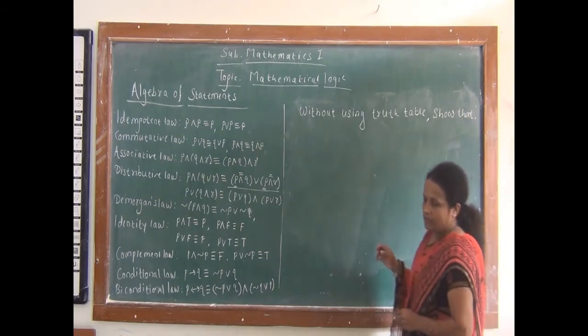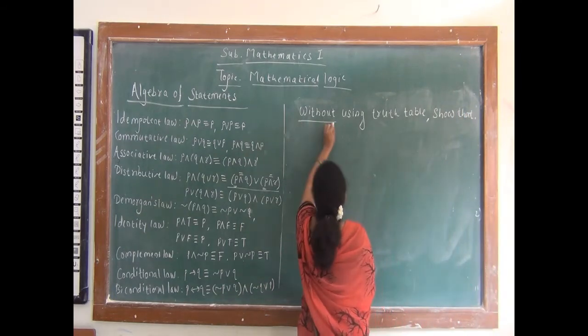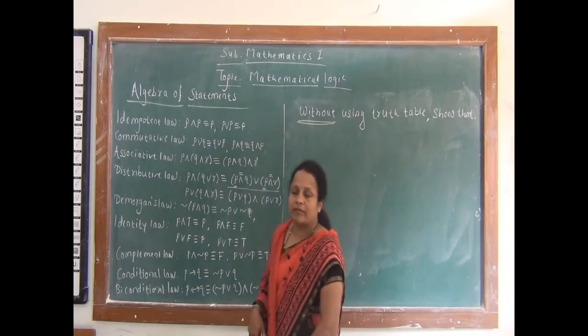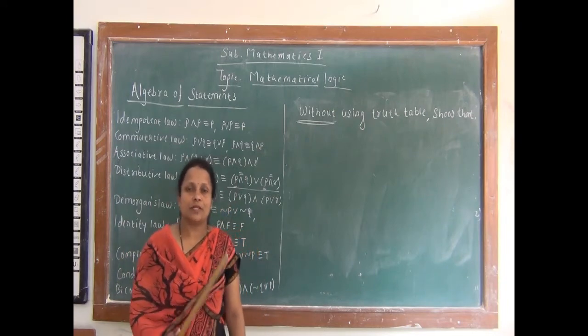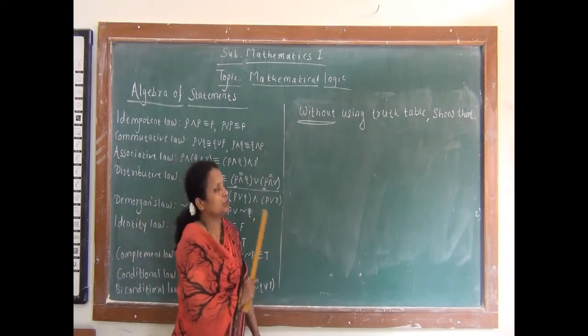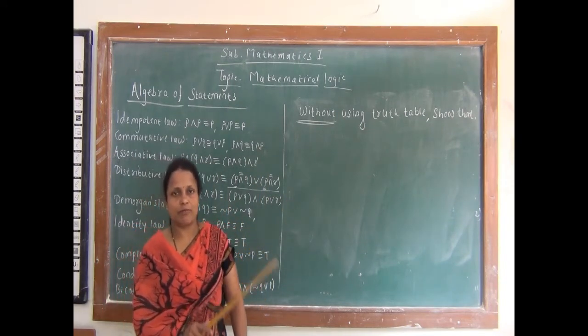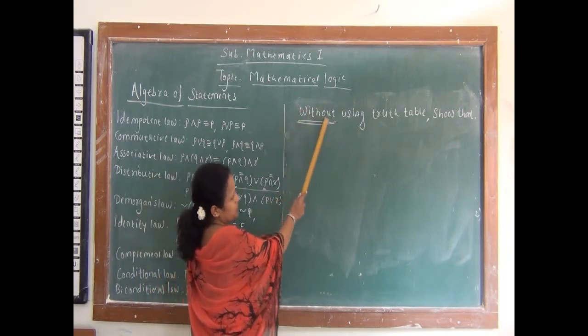Remember here, our question is without using truth table. That is, we do not use a truth table. We use laws of logic to show the given equivalence. So remember here the words without using.